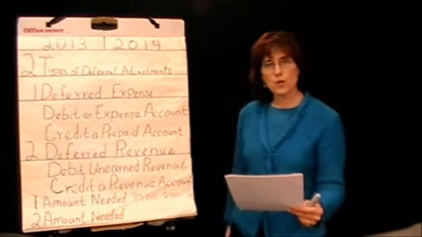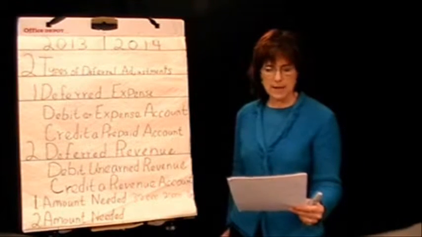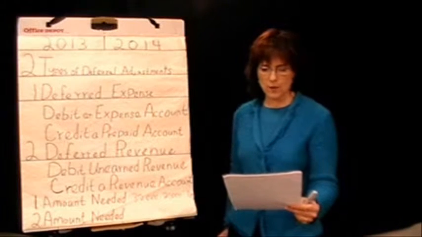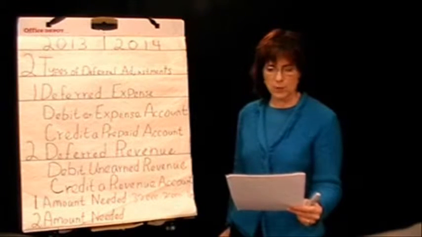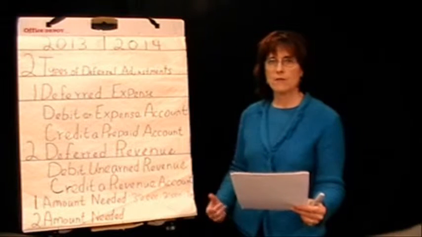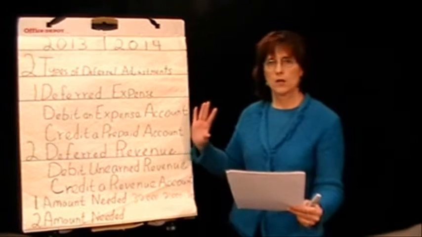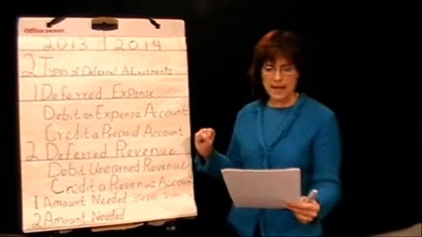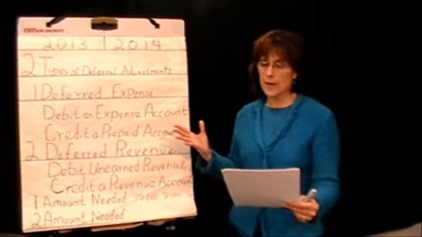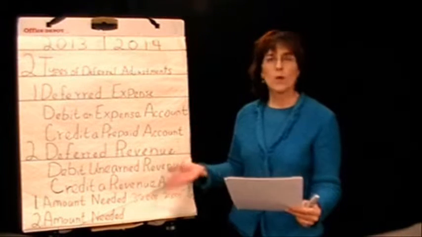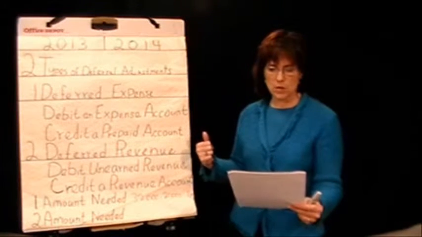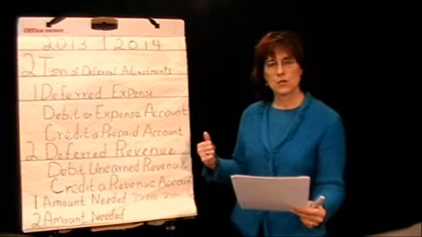All right, so the first question on your handout asks, what is the amount needed to adjust the account to reflect the current balance in prepaid insurance? Okay, so first of all, we have to figure out what's sitting out there already and then what our adjustment needs to be. Well, it tells us at the beginning of the year we had $19,000, but we increased our account by $6,000 for the premiums paid on policies during the year.